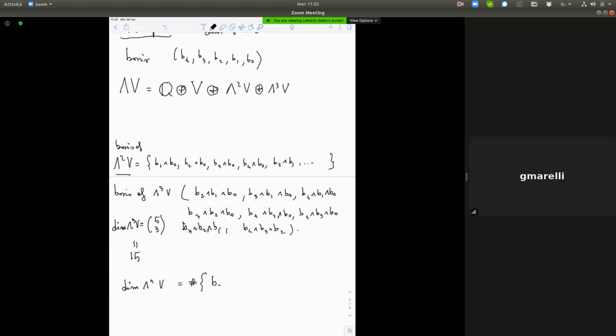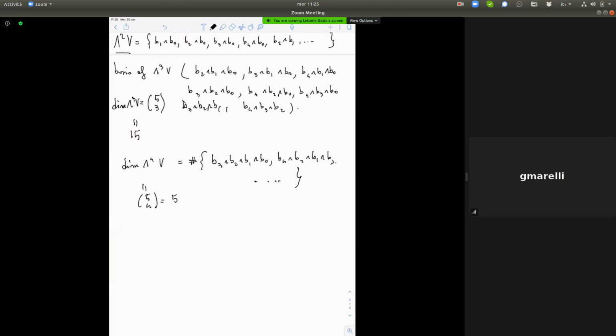Here it is even easier: B3, B2, B1, B0, and B4, B2, B1, B0. Please complete, you will find that the dimension of this is precisely 5 choose 4, which is 5. Okay, and then there is wedge 5V, whose dimension is 5 choose 5.